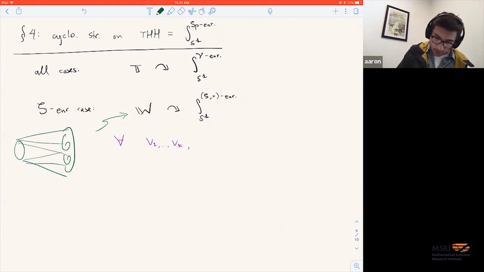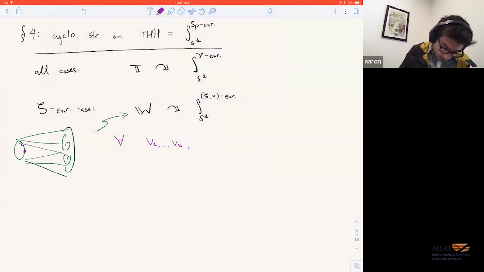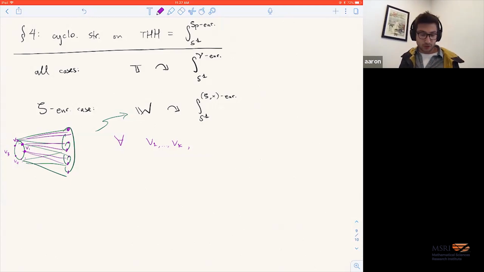So given a cocycle for the Hochschild homology down here, V1, well, really it's going to be Homs, but Homs can be any object of the enriching category V. I want to repeat the same object labelings for the vertices, and I want to repeat the Homs, relabel the edges by the same Homs.